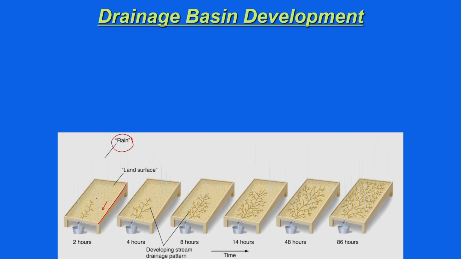Drainage basins usually develop headward, and they keep extending towards the headward, as shown here. The slope is the same and the rainfall is constant, and as time goes, the drainage basin will evolve.